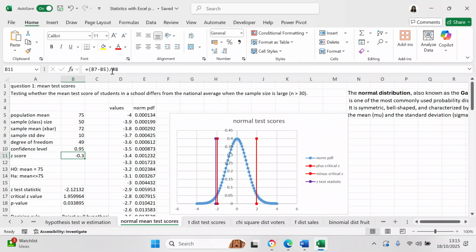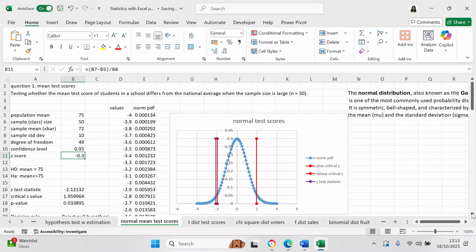And the z-score is B7 minus B5, so that's 3 divided by B8, which is your sample deviation. So your z-score is negative 0.3. So the null hypothesis is the mean equals 75, and the alternate hypothesis is the mean is not 75.